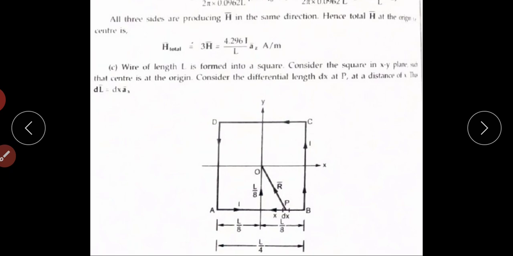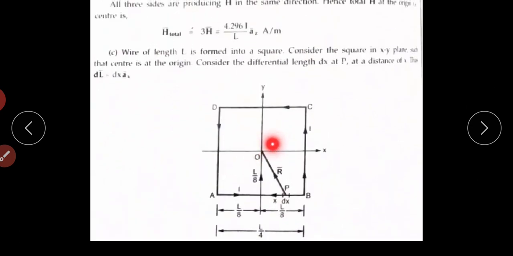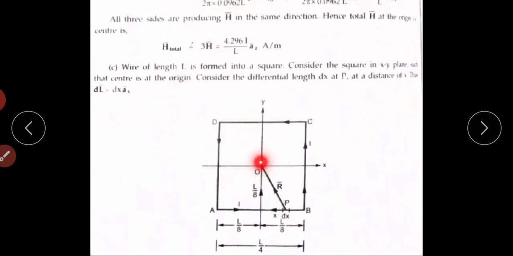Now we have to find the magnetic field intensity at this point. We are considering the Cartesian coordinate system in the XY plane. This is the x axis and this is the y axis. This origin point is the midpoint of the square. Consider a differential length dx at a distance of x from the midpoint of AB.